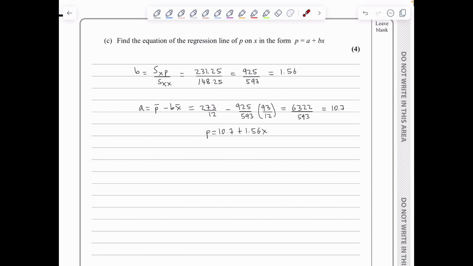Please be careful that when you state the equation of the regression line, the gradient and the y-intercept are given correct to 3SF and not in exact form, because these are essentially estimates because they are based on the collected data.